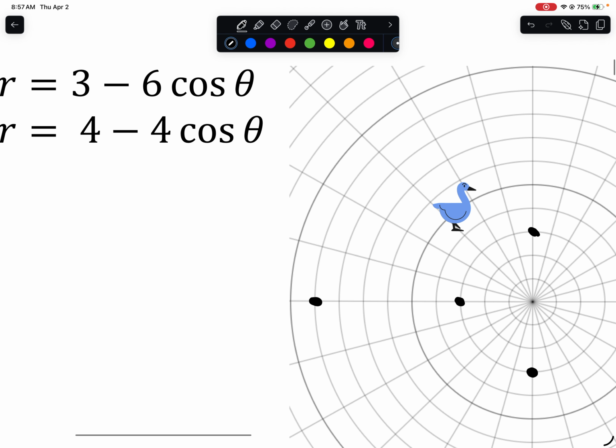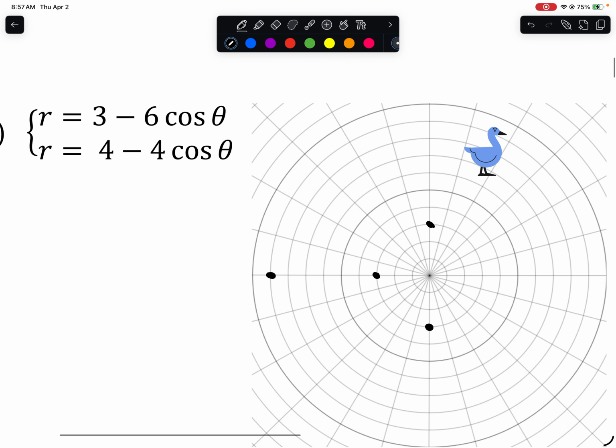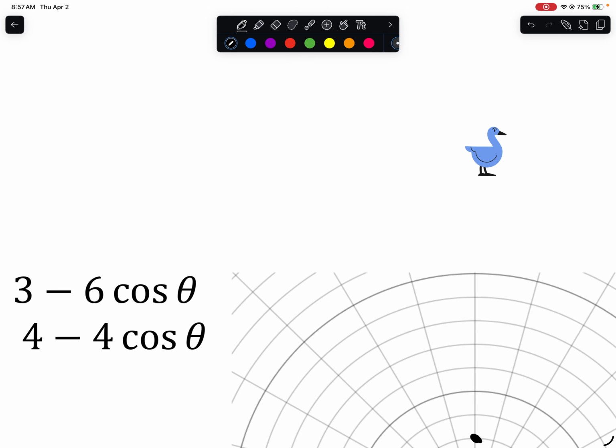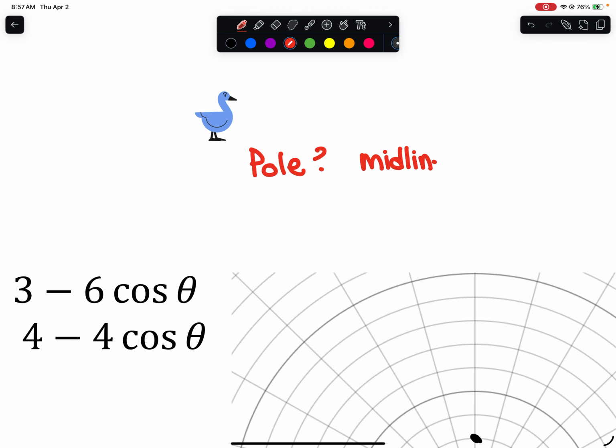And then for the limaçon with the inner loop, if you want to algebraically check whether an equation is going to go through the pole, what I like to do is reference the rectangular equation, so to speak. What I like to do is the midline plus or minus the amplitude.